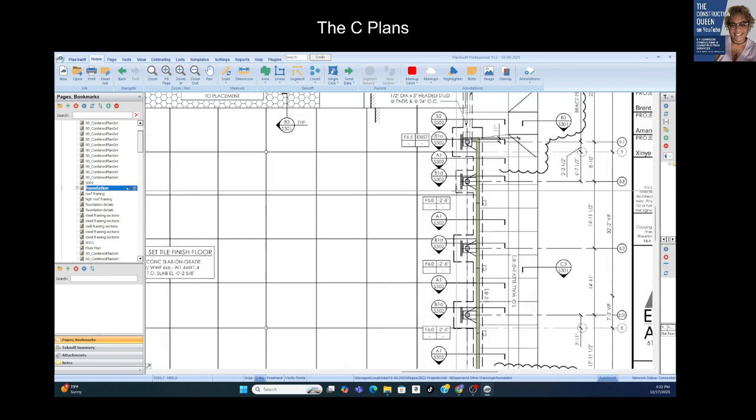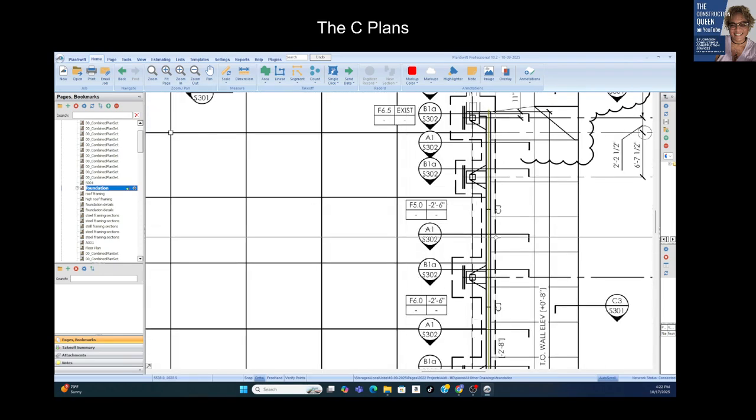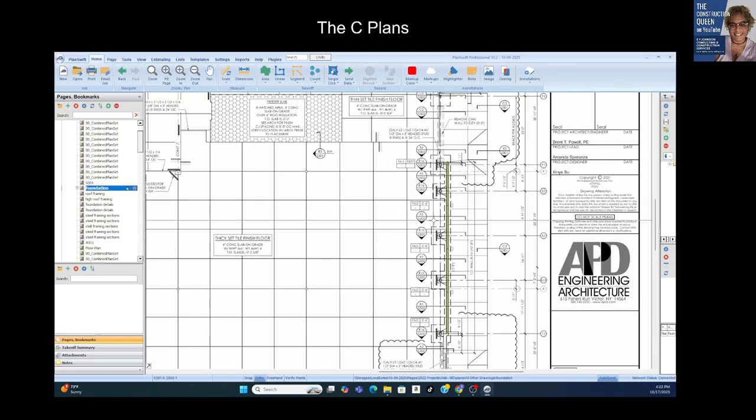Plan view is going to always trigger section view. And then when you go to section view, it may trigger detail view. And none of those views you want to bypass. You want to make sure you understand everything you see at each of the views.